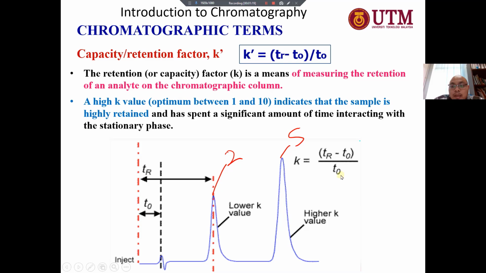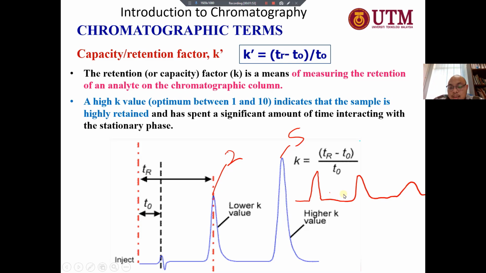If the K value exceeds 10, it means that the analyte has spent too much time interacting with the stationary phase. If that happens, we will encounter some peak broadening. The longer the analyte is retained, the broader the peak gets.